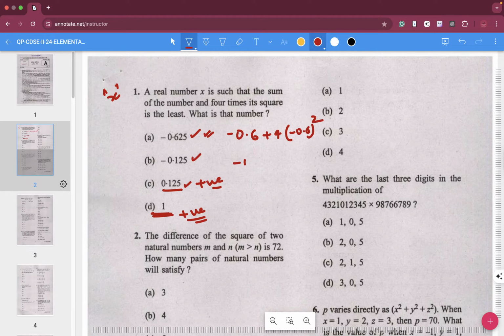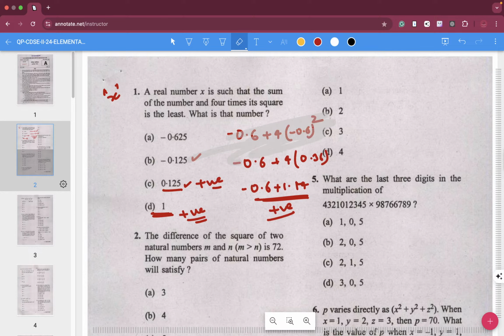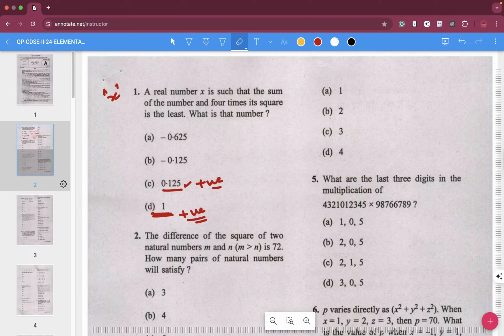If we solve this, we get minus 0.6 plus 4 times 0.36, which is 1.44 or something like that. So option A is also giving you a positive value.